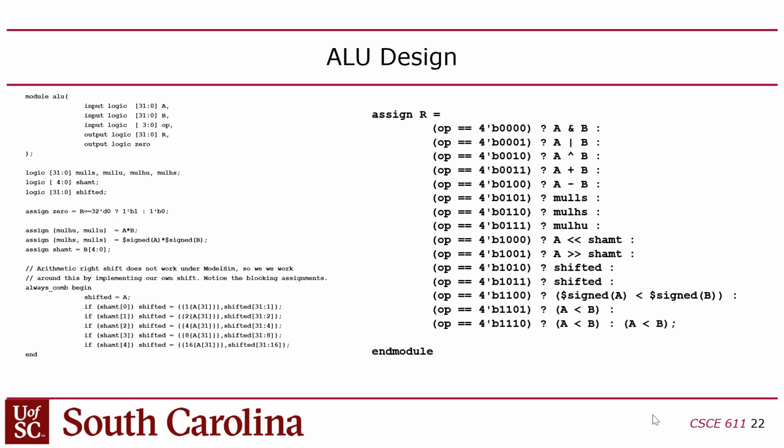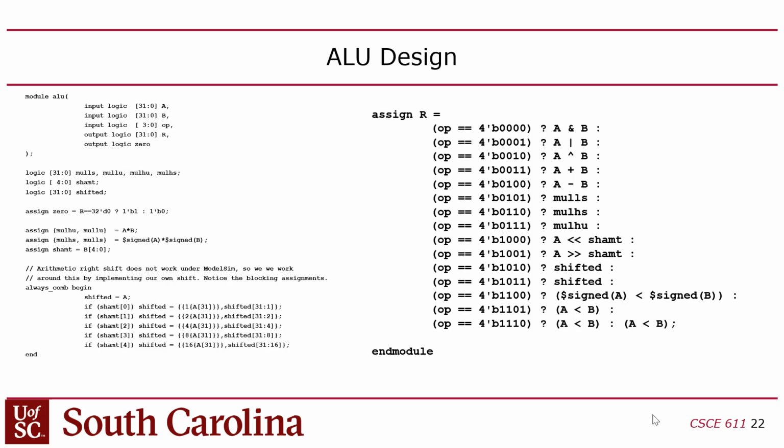So depending on what the op is, you're going to assign a different value out of the ALU. Notice here that with the signed less than, we had to use this $signed thing. So it changes the behavior of the less than. And same thing with the multiply over here. When we do the signed multiply, we had to use the $signed.